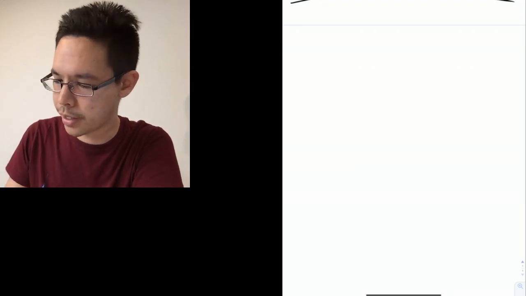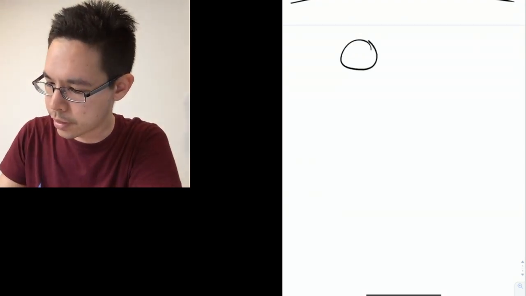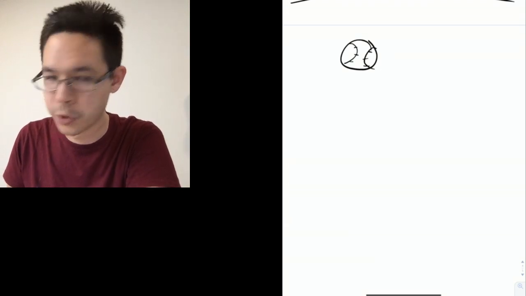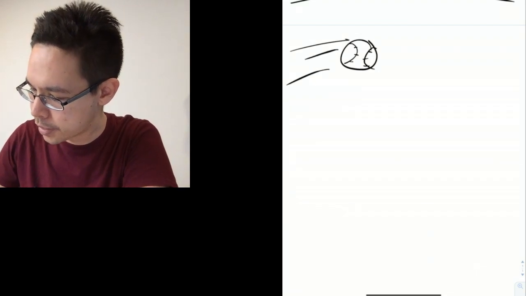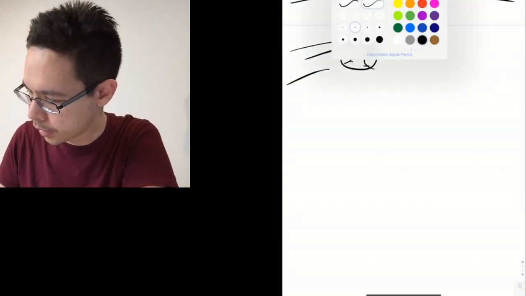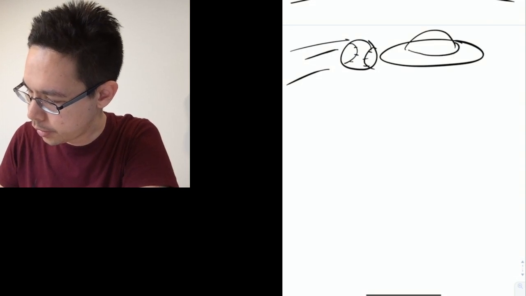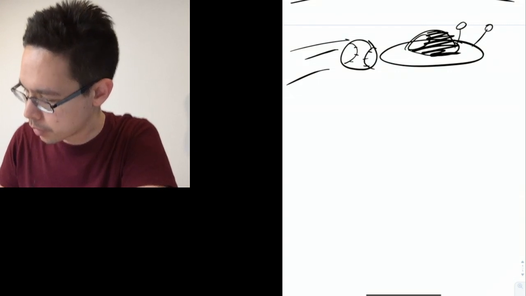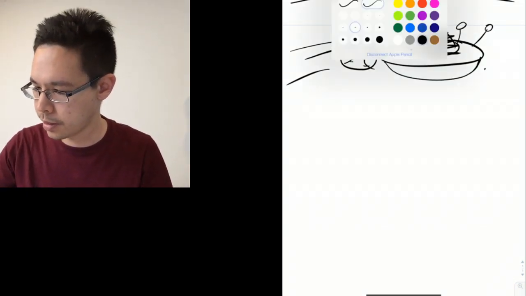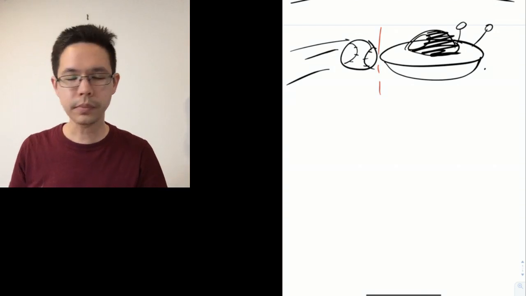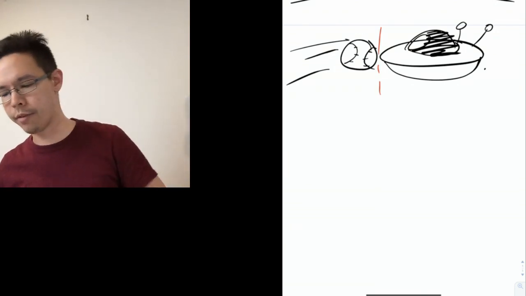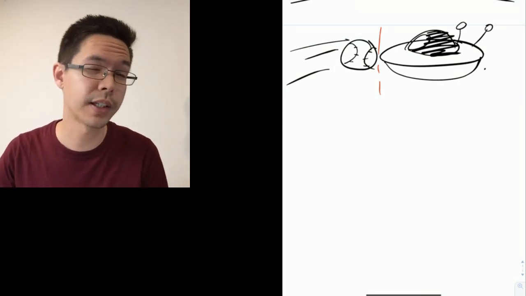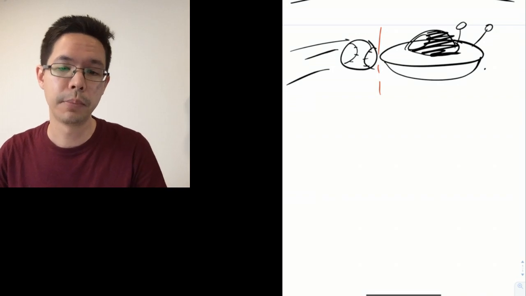The other part of the question is that if I have a ball, let's say it's a football, I've thrown this and it's now hit, I don't know, an alien spaceship. Okay, a flying saucer. So it's hit that object right here. Well, you might say that the gravity of the football and the gravity of the alien spaceship is pretty small, so there's very little mass, therefore little gravity to pull them together.